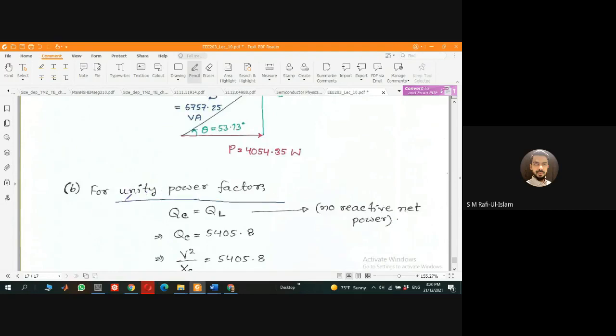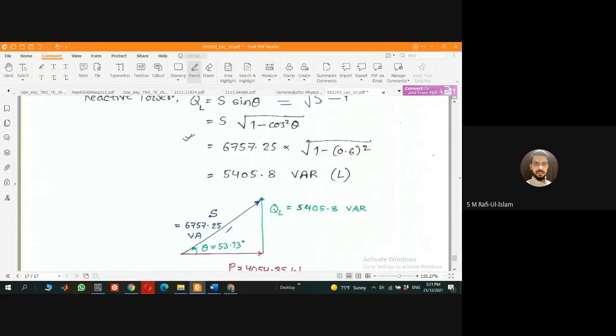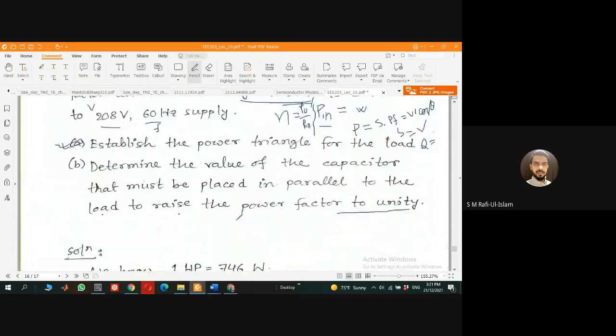Now for the unity power factor. What do you mean by unity power factor? Unity power factor means the whole system behaves as a resistor.